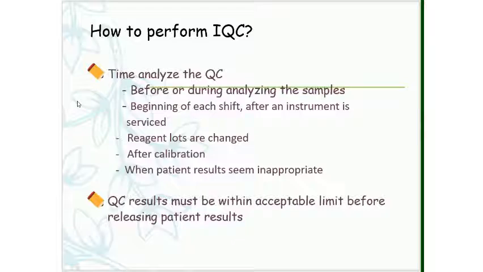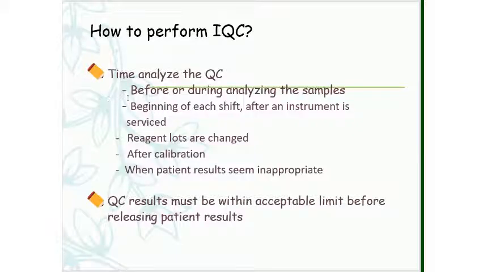So how do we perform QC after we get the result? After we develop the QC, we can use that QC. Or if we buy QC that comes with the mean and data values, then we can use that QC. So we need to analyze the QC. When can we analyze it?